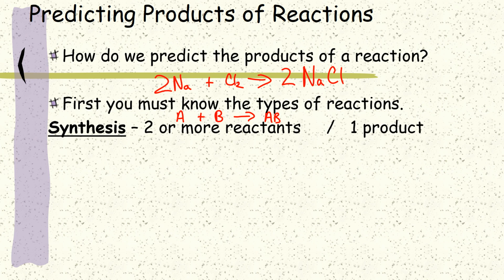I can only change the coefficient and the amounts. What type of compound is that? Ionic or covalent? Ionic. Don't guess. There's a metal and a non-metal.